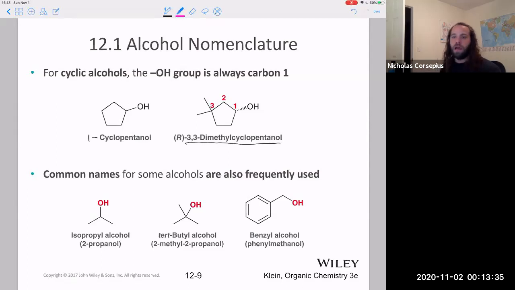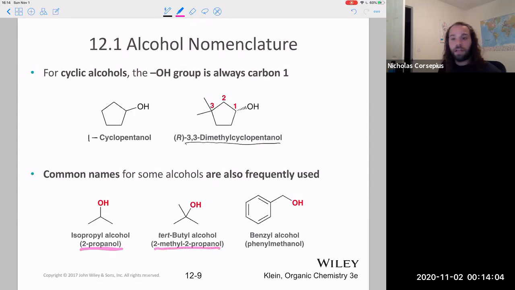Just some common names. These aren't ones that I would expect you to know on an exam. I'm not going to ask you for common names, but it is good to see because you probably have heard about these. So rubbing alcohol that you get to clean wounds, right? That's isopropyl alcohol. Really the systematic name for that would be 2-propanol. But remember, those iso groups are like little forks. Similarly, butyl alcohol, the real name would be 2-methyl-2-propanol.